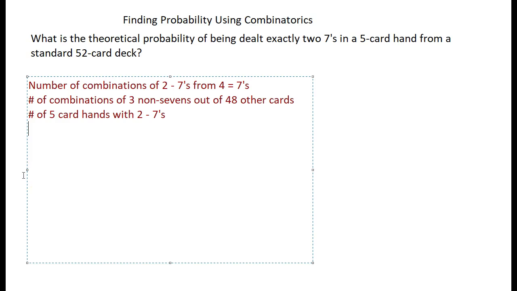So the last thing we need before we can put it all together is the total number of 5 card hands. So think of that as our grand total. So maybe we might want to insert the word total in front.